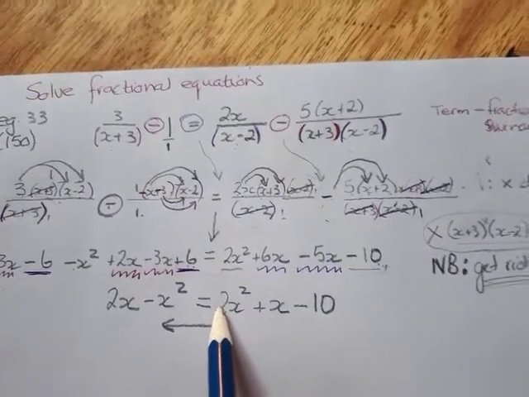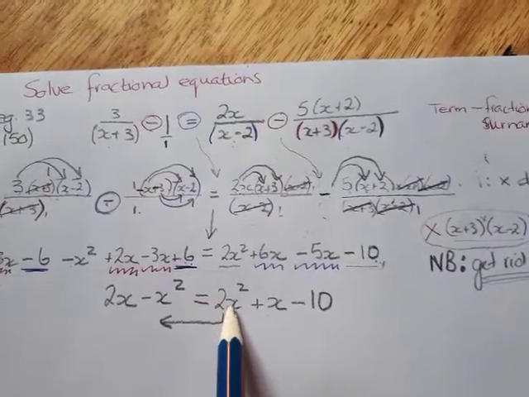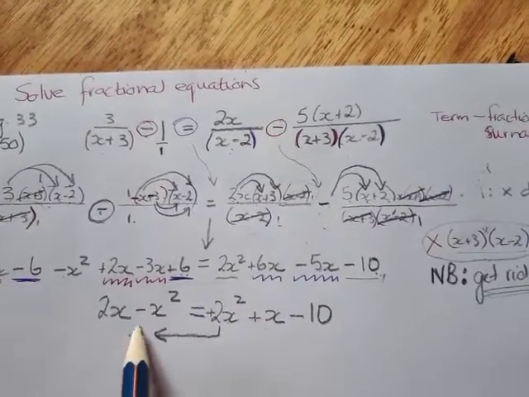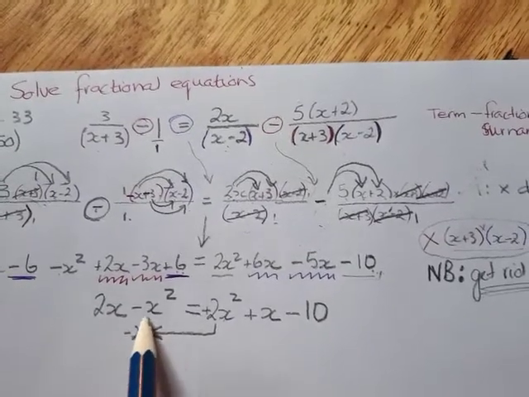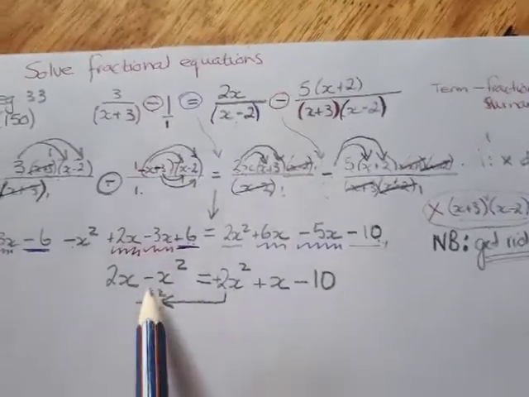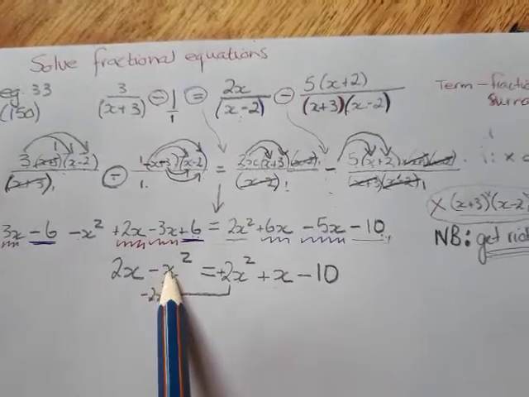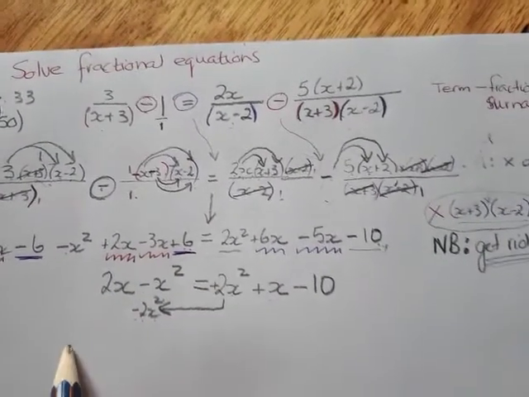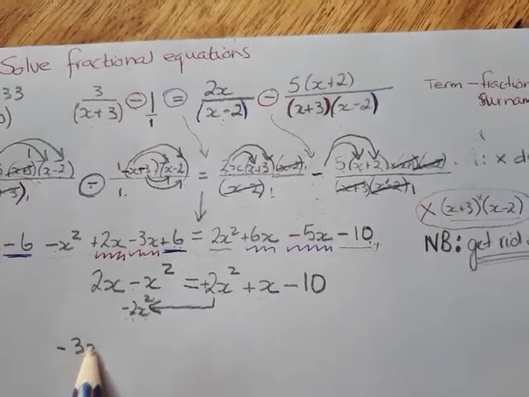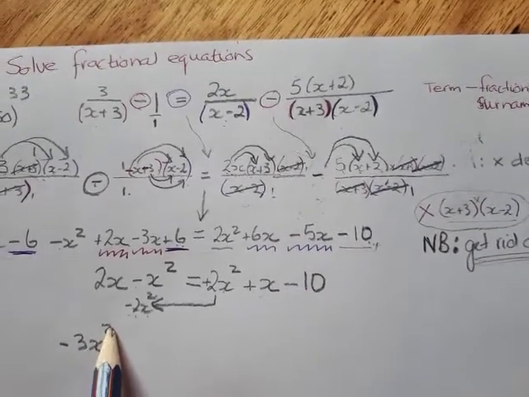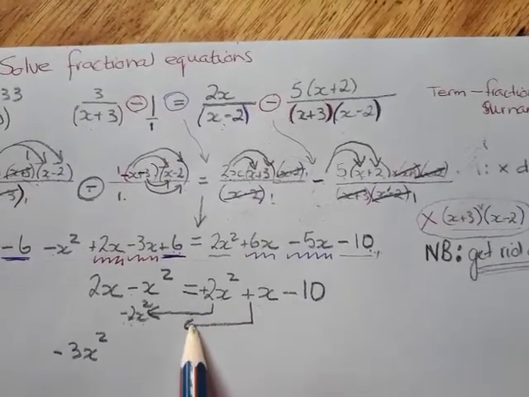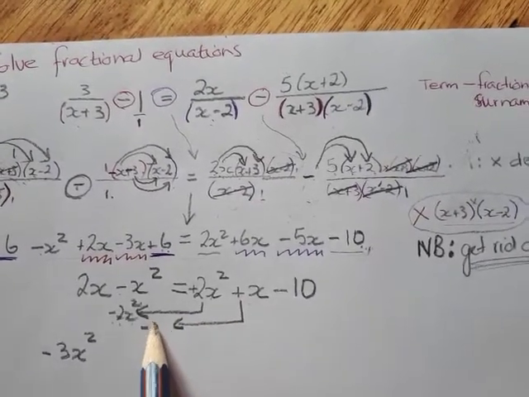So if you now take the 2x squared over, it's positive on this side, so it becomes negative on that side. Let me collect like terms again. Negative x squared minus 2x squared gives me negative 3x squared. Then I also take the plus x over, which becomes minus x.